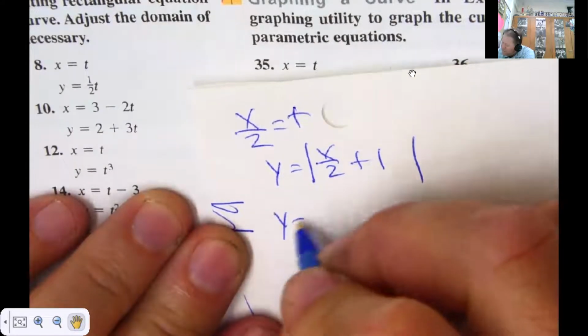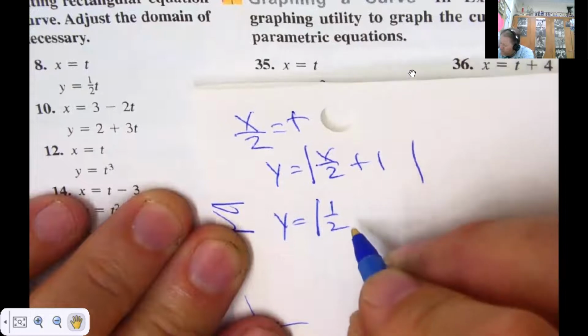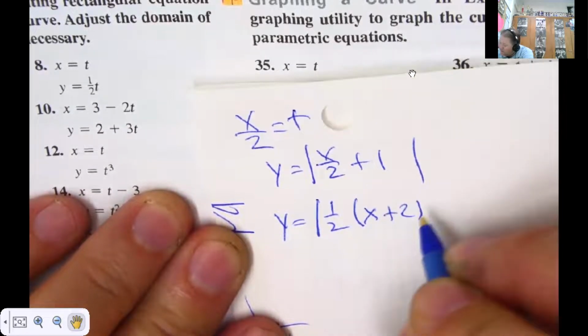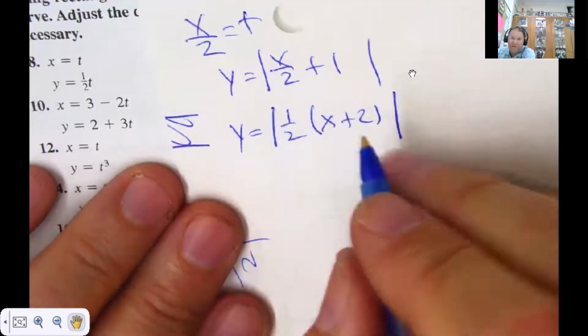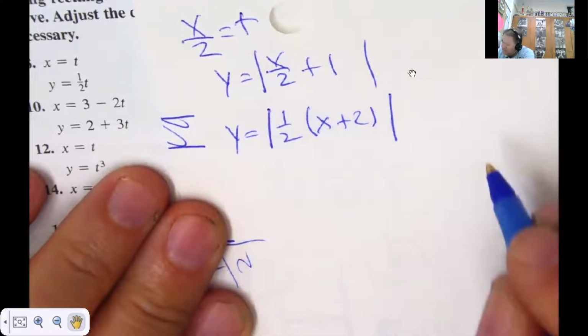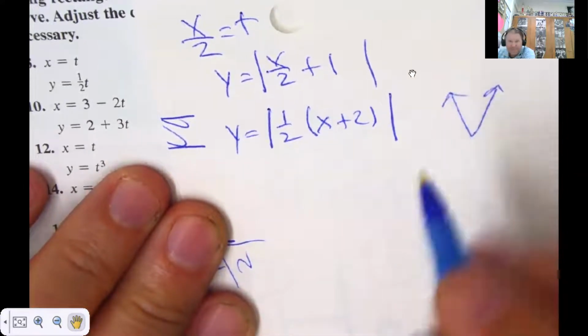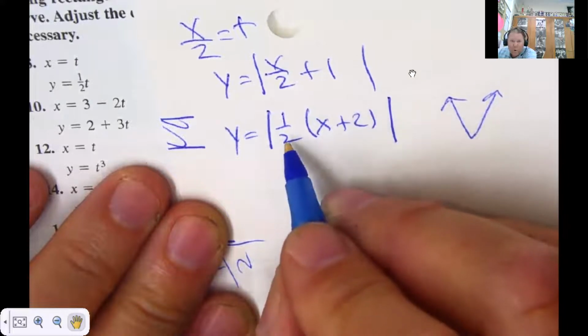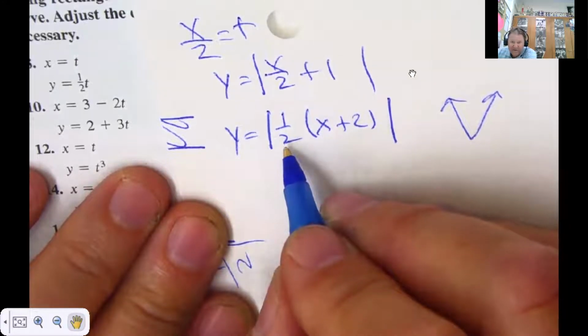This would be y equals absolute value. I'd factor out a 1/2, and this would be x plus 2. And then now it should be clear. I hope it would be clear to see that this is a V, absolute value after all. It's been translated 2 to the left, and it's been horizontally expanded by a factor of 2.